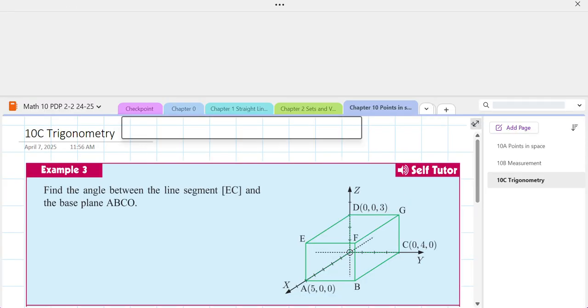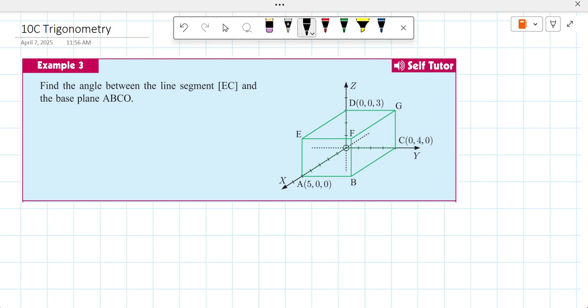I'm first going to find the coordinates of E. How will I do that? Well, first of all, I need to know the x, y, and z coordinates. Because E seems to be on the x-z plane, the y value will be 0 for sure. It seems to be directly above the point A, which means it shares the same x coordinate, which is 5.